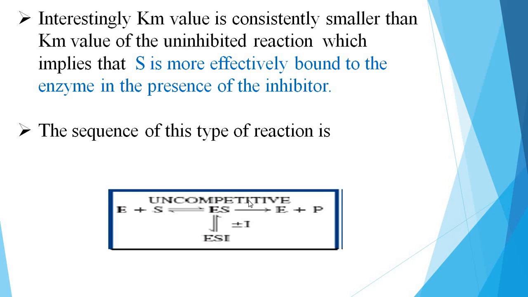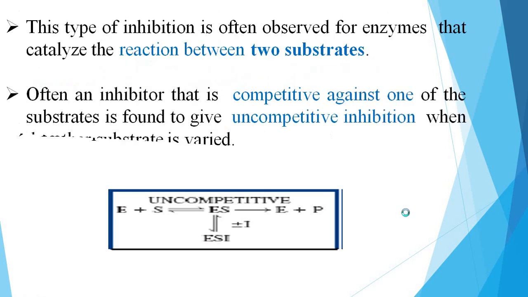The sequence of this type of reaction is that the enzyme binds to the substrate and forms the enzyme substrate complex, and the inhibitor binds to this enzyme substrate complex and forms the enzyme substrate and inhibitor complex to inhibit the enzyme action in the uncompetitive inhibition.